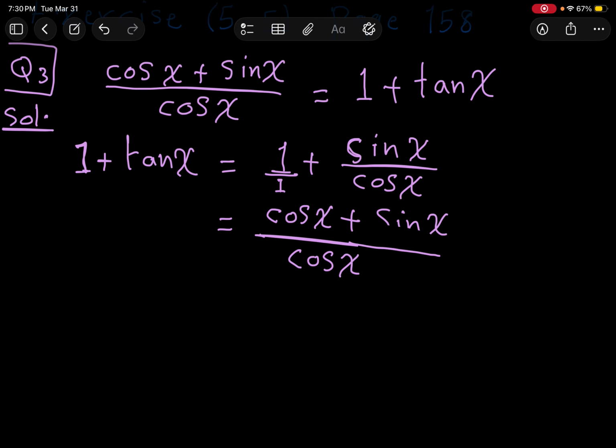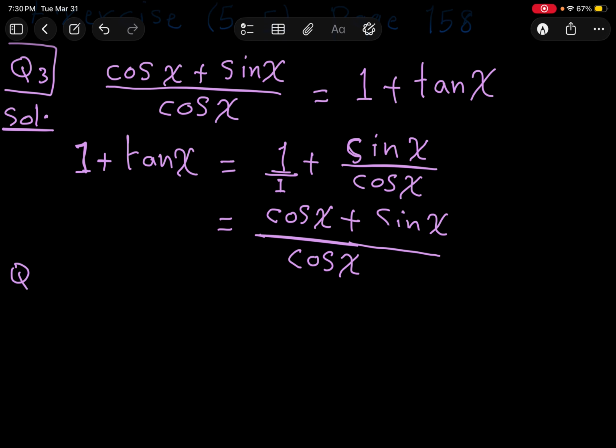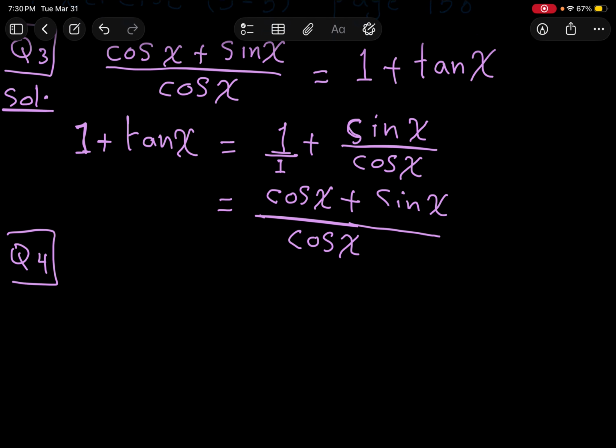We got the left side. With respect to question number 4, how can I solve it? Question number 4: cosine square x equals 1 minus sine square x.